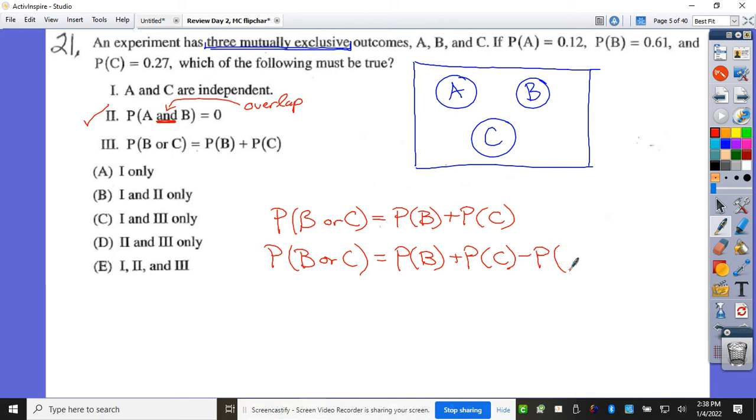If I'm writing this equation, what's going to go at the end? B and C. So I have 2 equations that are saying the same thing. Just as a review, when do I use the top one? When they're mutually exclusive. And when do I use the bottom one? Not mutually exclusive.